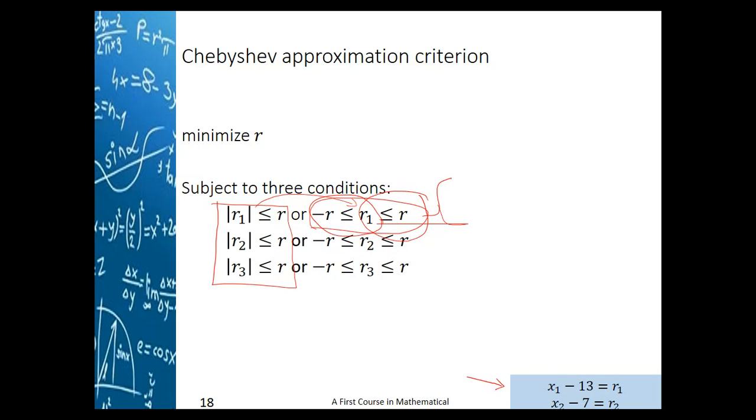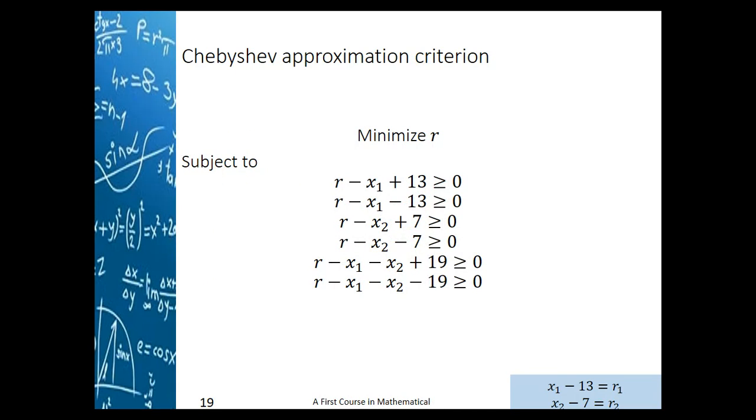Right now I'm going to utilize my relation from the previous page to transform page 18 into page 19. It looks complicated, isn't it? These two come from the first constraint on the previous page, these two come from the second constraint, and these two come from the third constraint.